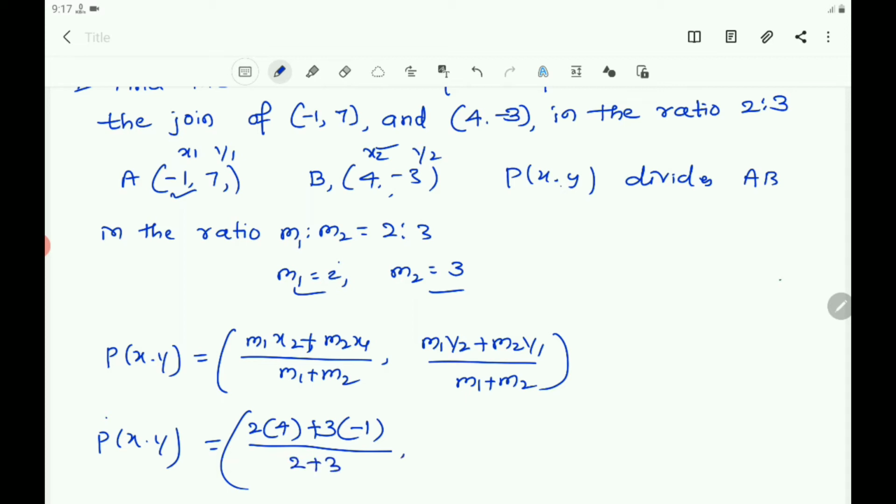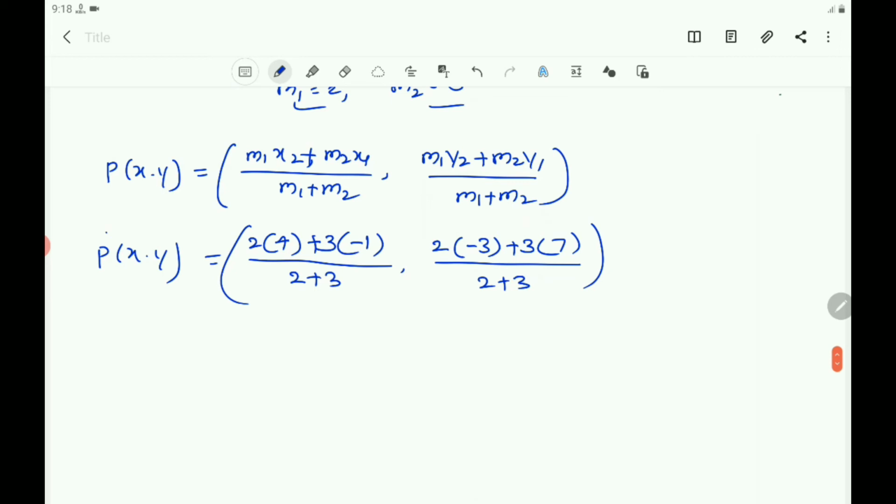Then here m1 is 2, y2 is -3 plus m2 is 3, y1 is 7 by 2 plus 3. Then you write P of xy equals 2 4s are 8, 3 into minus 1 is minus 3 by 5. Here 2 3s are 6, that is minus 6 plus 21 by 5.